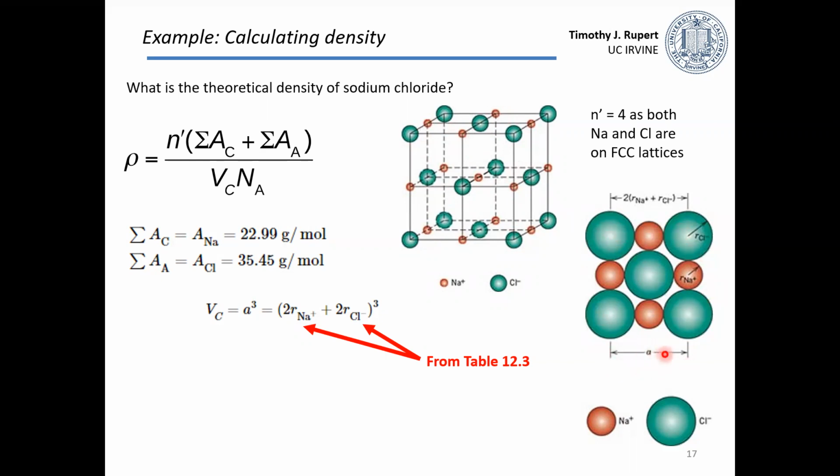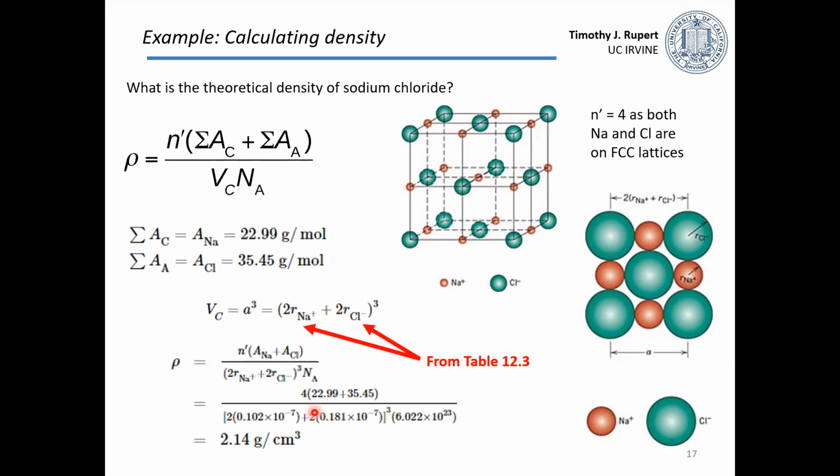So the length of one of these sides is going to be A, and we can express that in terms of the ionic radii. So it'll be 1, 2 chlorine radii and 1, 2 sodium radii. Okay. So the volume is going to be 2 times the radius of sodium, 2 times the radius of chlorine to the power of 3.